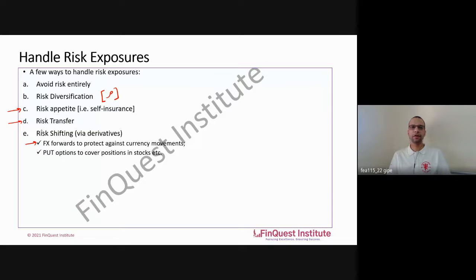So it may approach a bank saying that we have a certain cash flow which will be received at a certain point of time in the future. So let's enter into a forward contract so that once we receive the US dollars from our client, we'll sell it to you and you pay us equivalent INR. And what rate that exchange happens will be frozen today. So that's what we call as the contract rate for the forward contract.